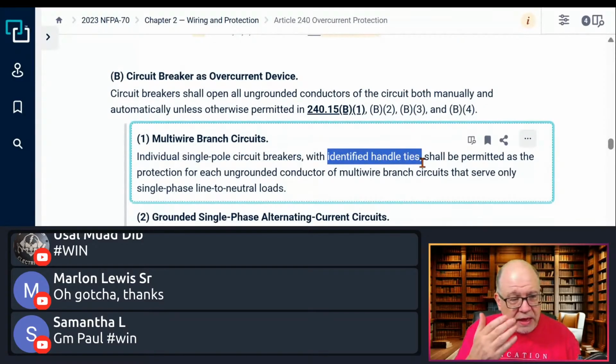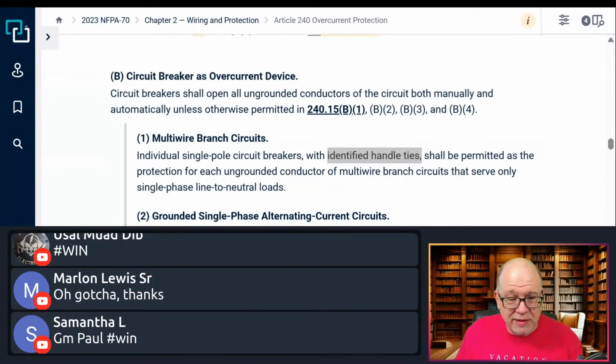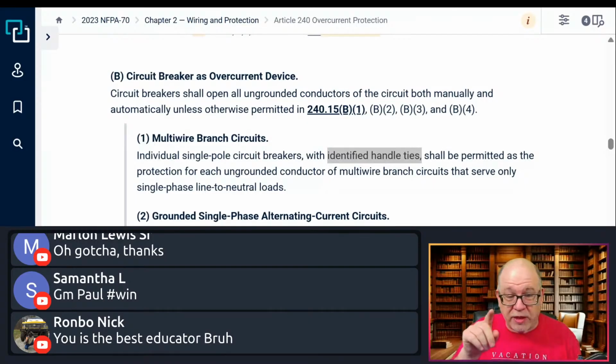Okay, so again, I think it was brought out earlier, David says sometimes a copper wire is better than an identified handle tie. Yeah, but still not acceptable. So remember, as an AHJ, the moment that we accept something that deviates from the code, then guess what? We become liable at some point.